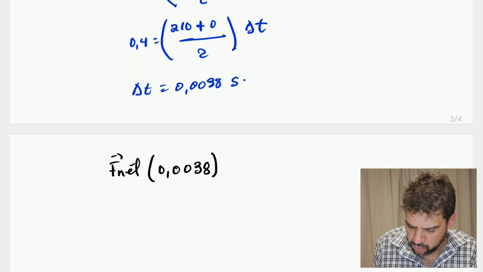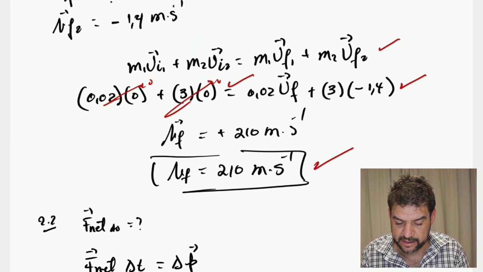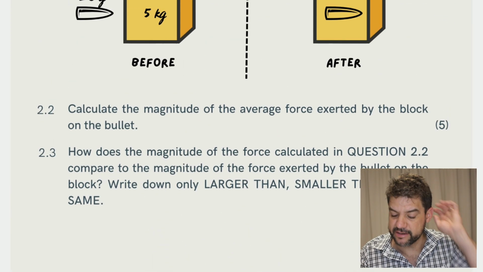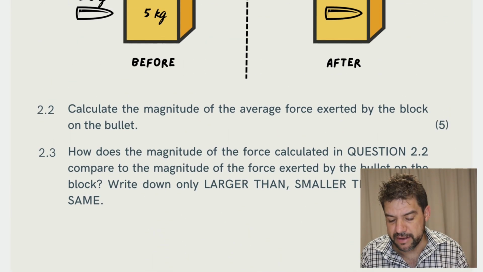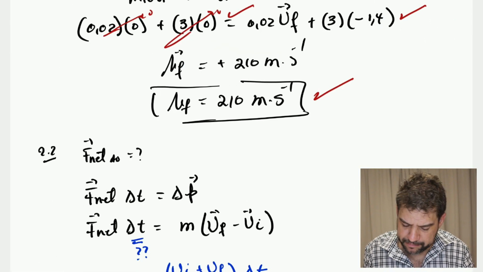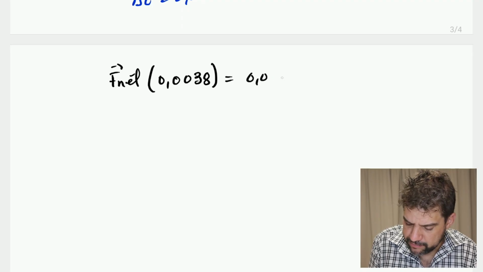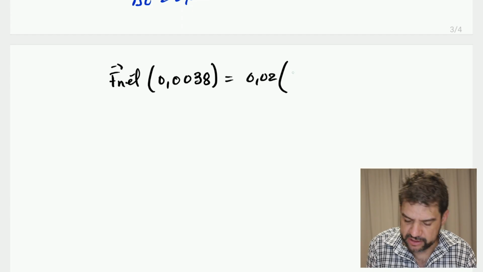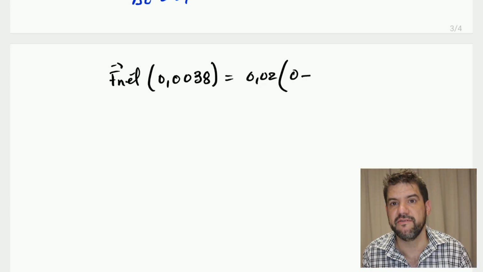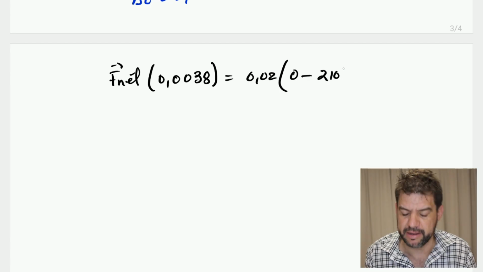0.0038, is equal to the mass of the bullet, because the question asks for the force that the block exerts on the bullet. So it's the mass of the bullet we're using here. So it is 0.02 multiplied by the final velocity 0, minus the initial velocity, which is positive because we say forward is positive, 210 meters per second.